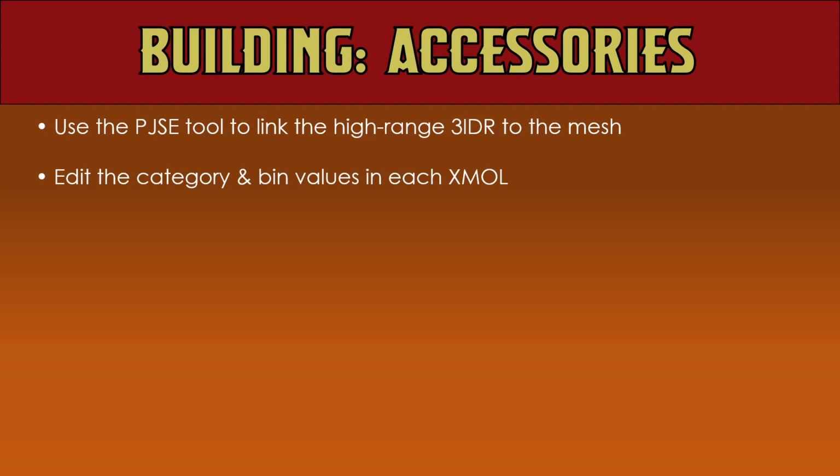Those are the 3IDR that correspond to each age and gender. So I think from like 201 to 4001. But we'll get into that. Then we can edit the category and bin values of each of the XMLs.